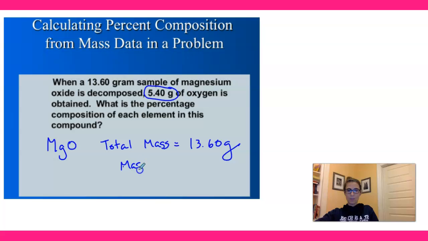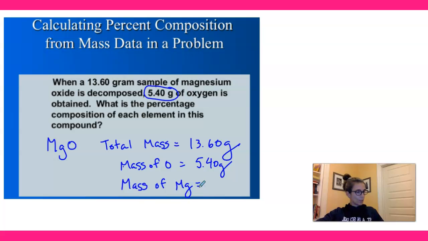So let's say mass of O equals 5.40 grams. How do I figure out how much mass of magnesium I have? I have to subtract these two. So 13.60 minus 5.40, and I get 8.20 grams.